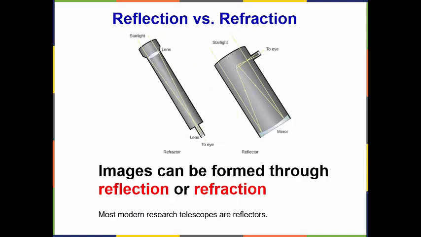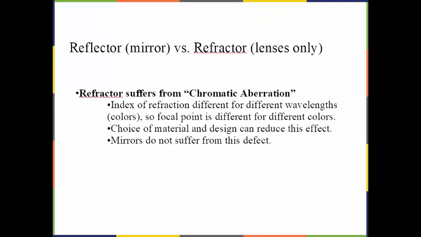Most of the modern telescopes are reflectors. So images can be formed either through reflection or refraction. There's some problems with each of these models, but there's fewer for reflection telescopes where we're using mirrors. First, refractors suffer from something called chromatic aberration. When you think of chromatic, you think of color.